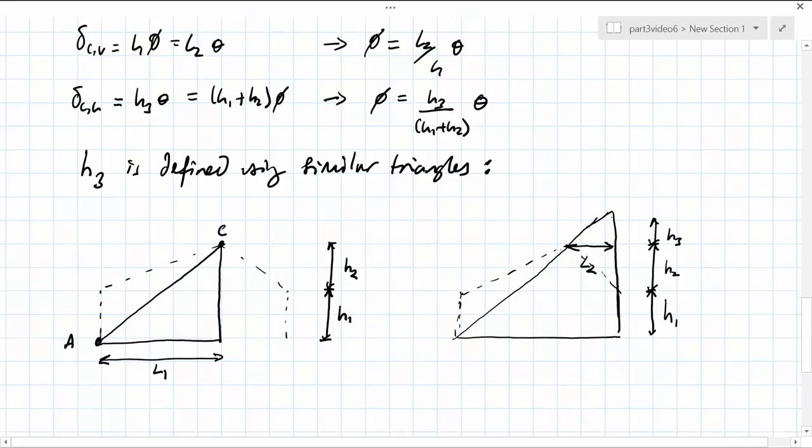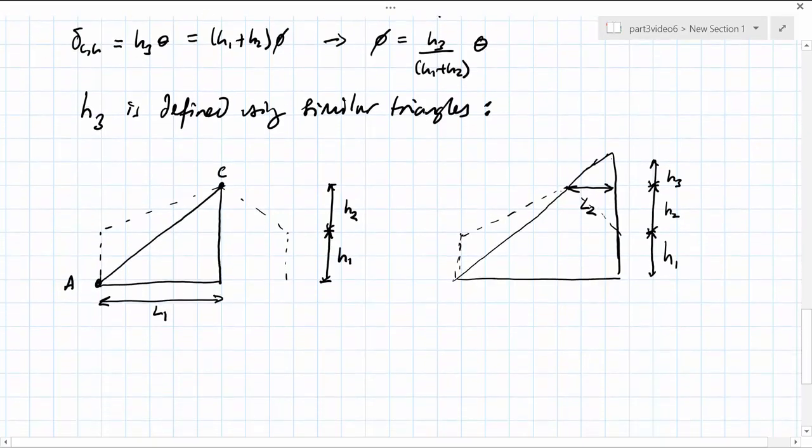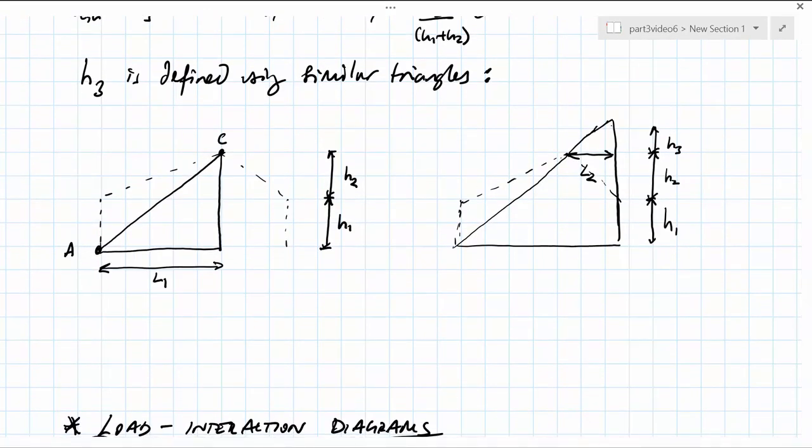Comparing these triangles then, triangle 1, (H1 plus H2) over L1 is equal to H3 over L2.